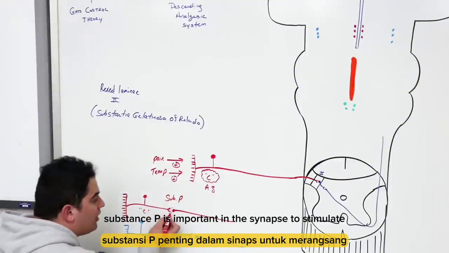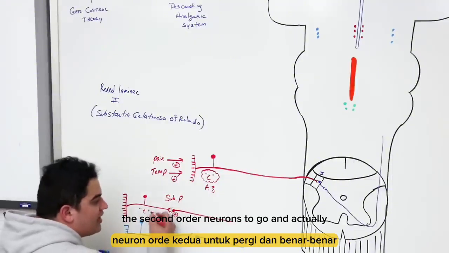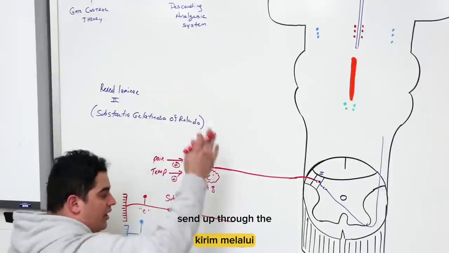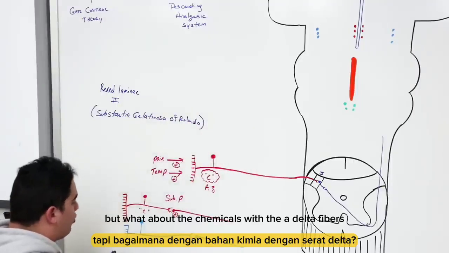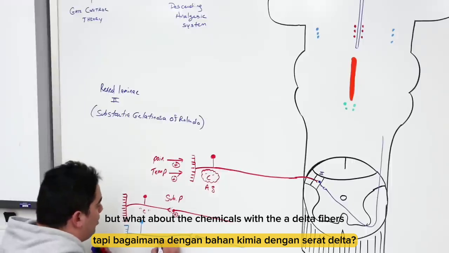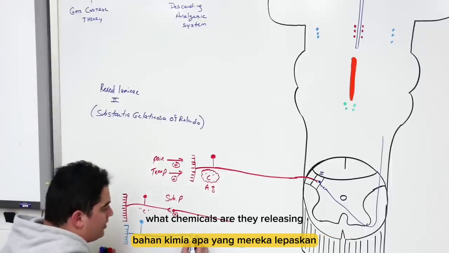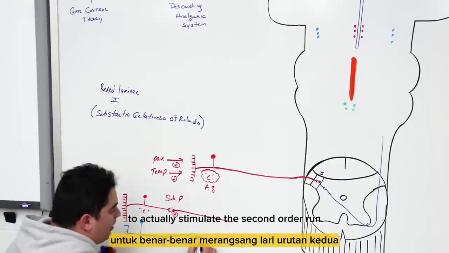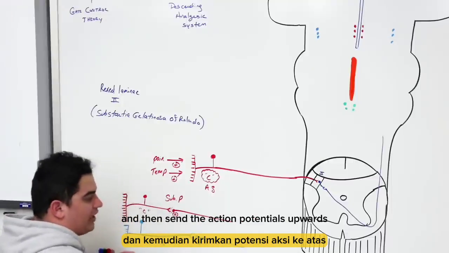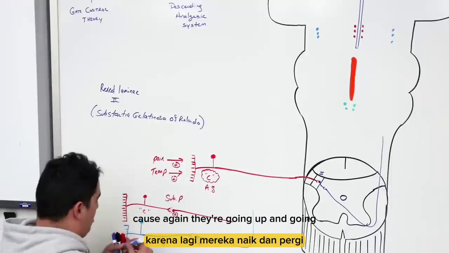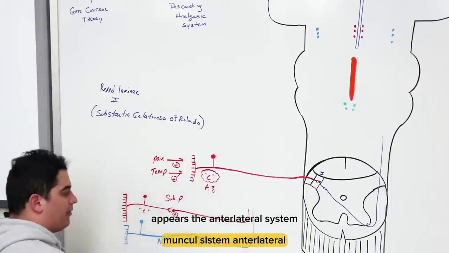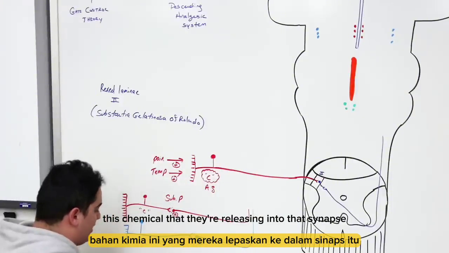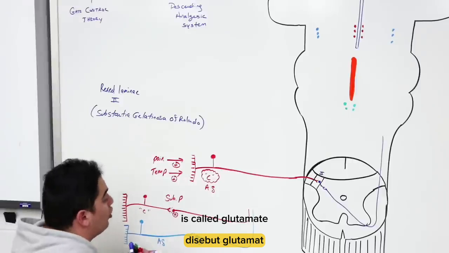Substance P is important in this synapse to stimulate these second order neurons to send signals through the anterolateral system. But what about the chemicals with the A delta fibers? What chemicals are they releasing to stimulate this second order neuron and then send the action potentials upwards? Because again, they're going up and going up. Here is the anterolateral system. This chemical that they're releasing into that synapse is called glutamate.